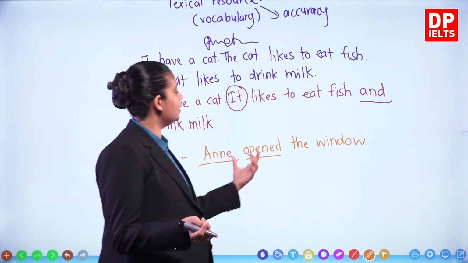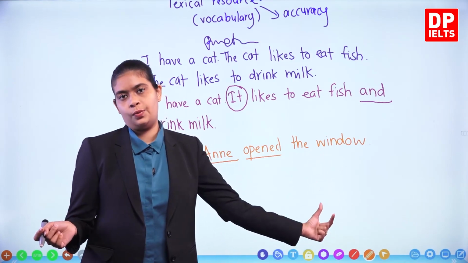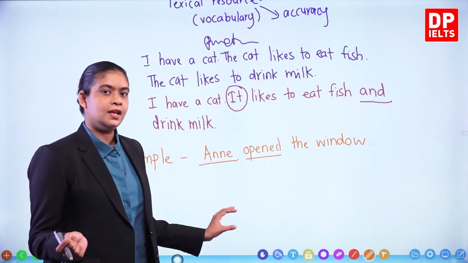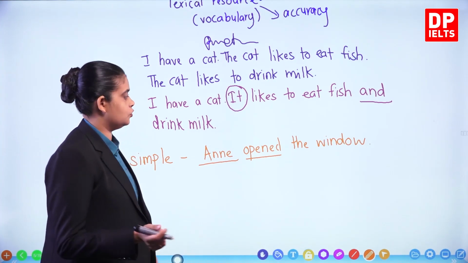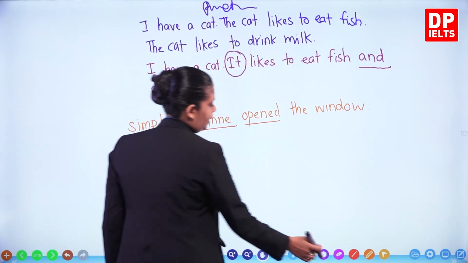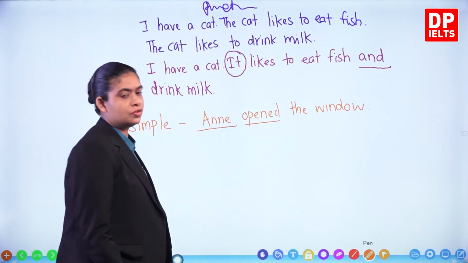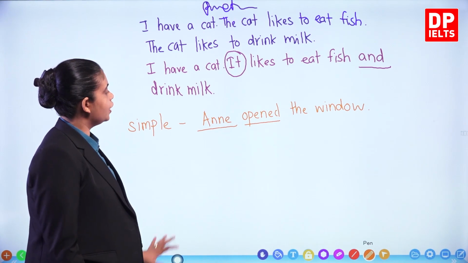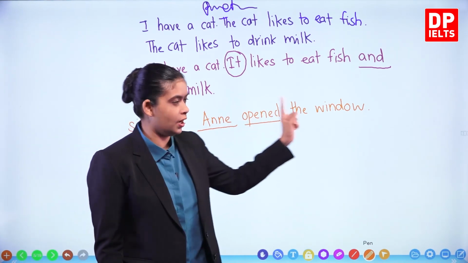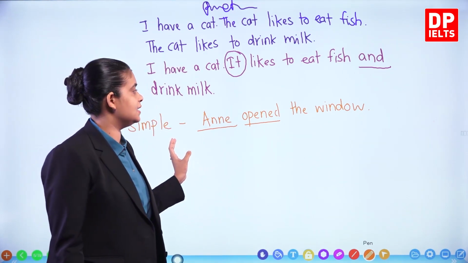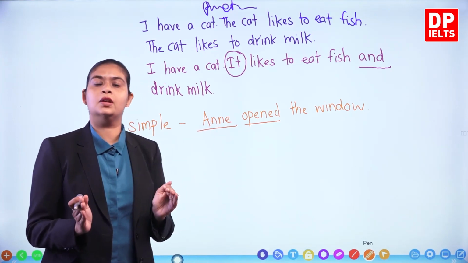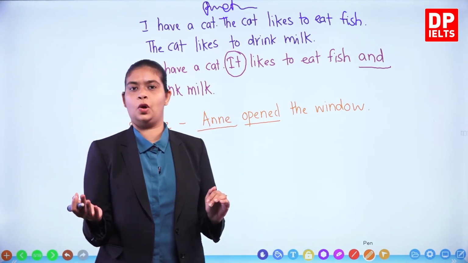Example, Anne and Maya opened the window. Okay? So this is a simple sentence structure. We could also write a compound sentence structure. Now what you need to remember, one more point in the simple one, is that this is an independent clause. Independent clause means it has nothing to depend on, right?